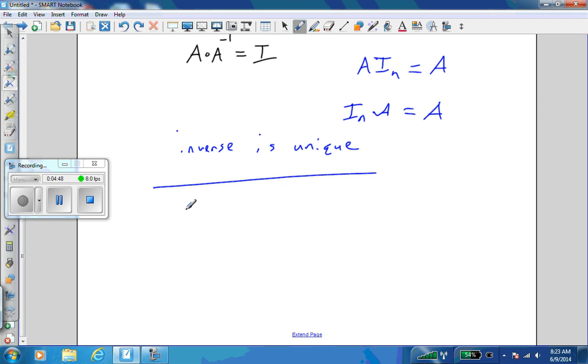And they also give us a theorem. If A is invertible and B is invertible, then if we take the inverse of the product of A and B, we get the inverse of B times the inverse of A. And that might come in useful in the future.